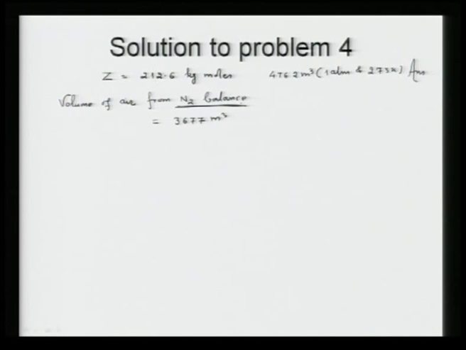Now, the problem says you have to do the oxygen balance also. So, let us perform the O2 balance. Here we have to know that oxygen is entering through the charge also, because you are charging Fe2O3, which will be reduced and oxygen will be in the system.